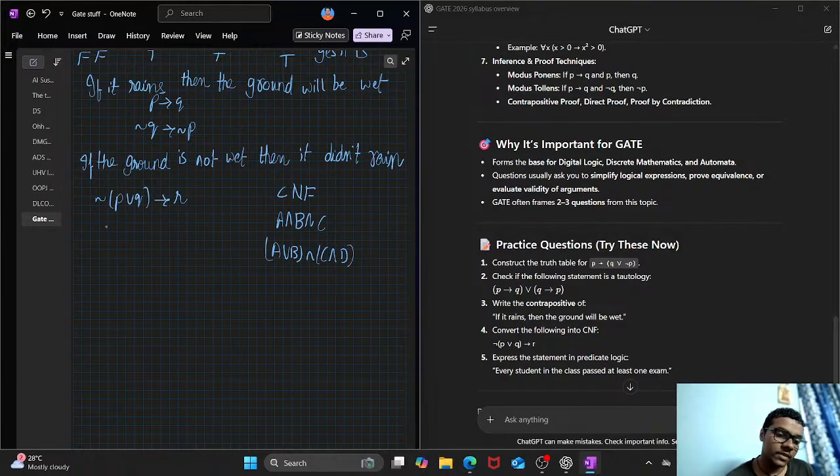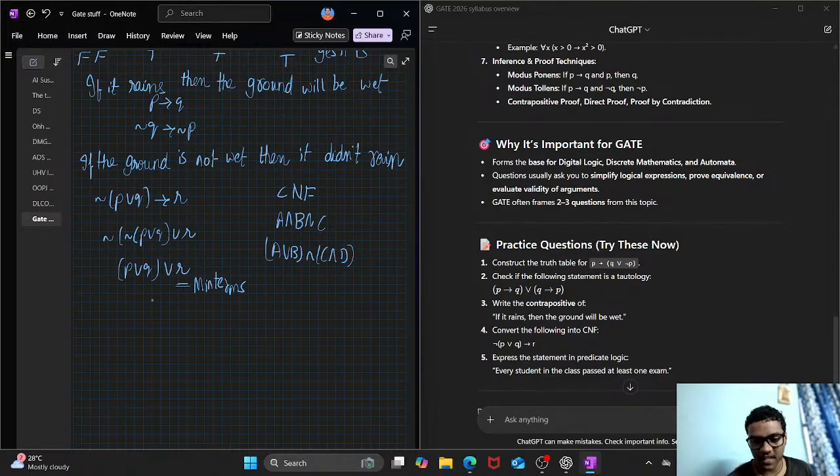So what you do is first remove the implication using the implication law, and negation of negation P or Q or R will be just P or Q or R. So is this the required minterm, is it? Yeah.